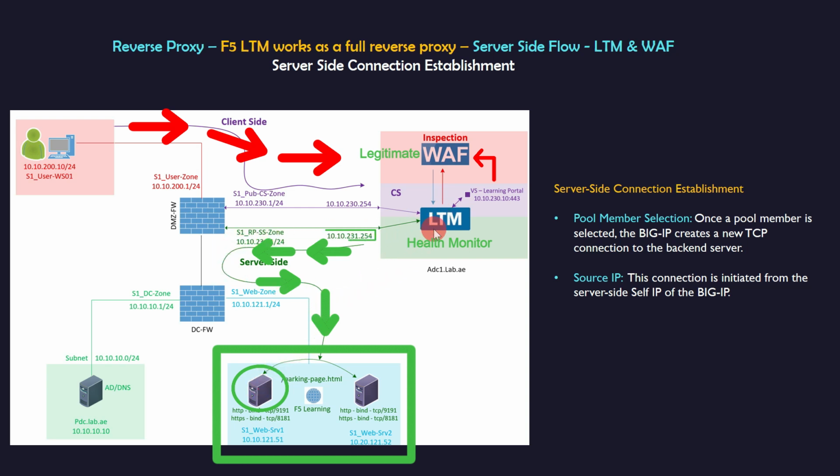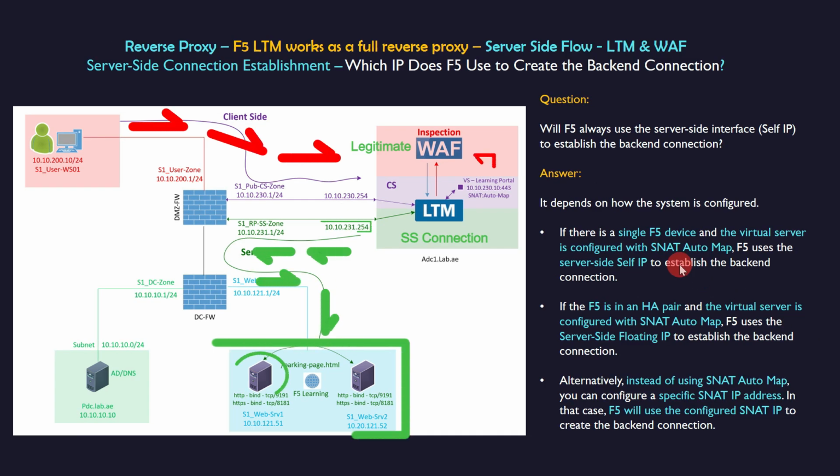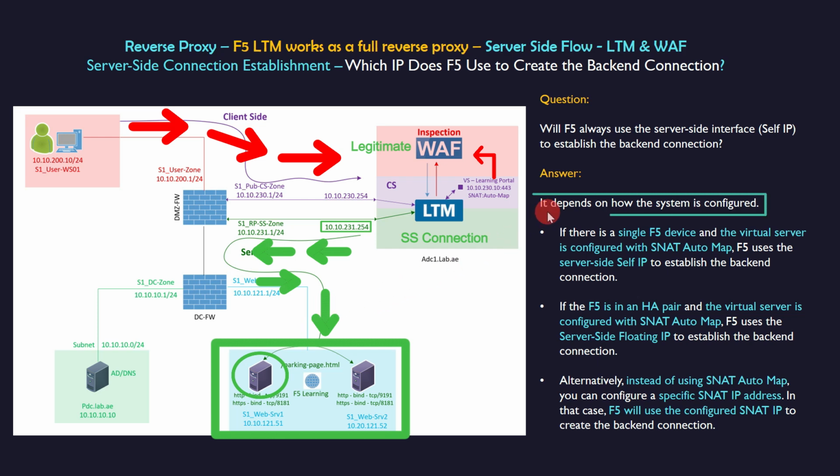Question here, which IP does F5 use to create the backend connection? This connection is initiated from the server-side VLAN self IP. Alright, so F5 will always use the server-side VLAN self IP to establish the backend connection. Is that correct? No. The correct answer is it depends on how the system is configured.